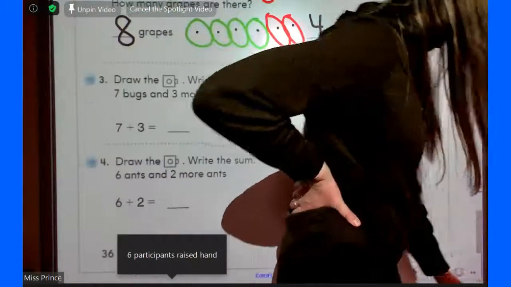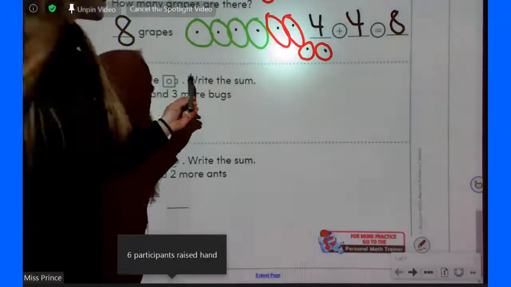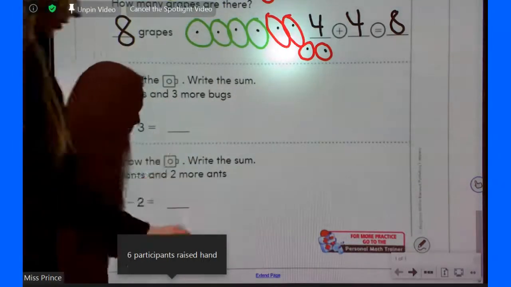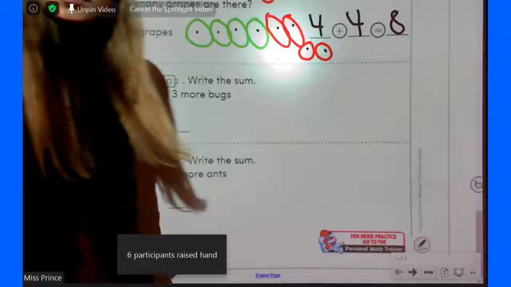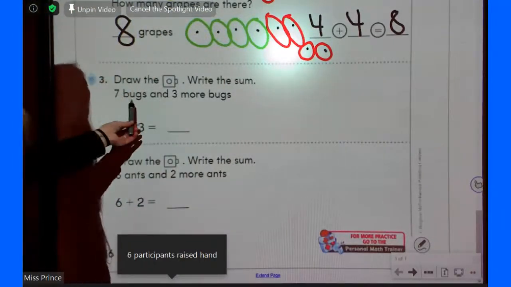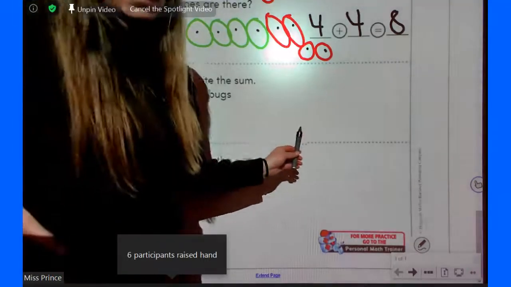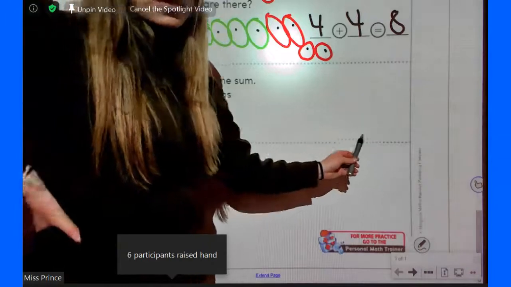All right, I think we have 2 more problems left. 2 more. Here we go. Draw the cubes, write the sum. So remember, you can draw cubes or you can draw circles, whatever you need to help you solve this problem. 7 bugs and 3 more bugs. So we're going to draw the 7 and then a plus sign and then the 3 more.